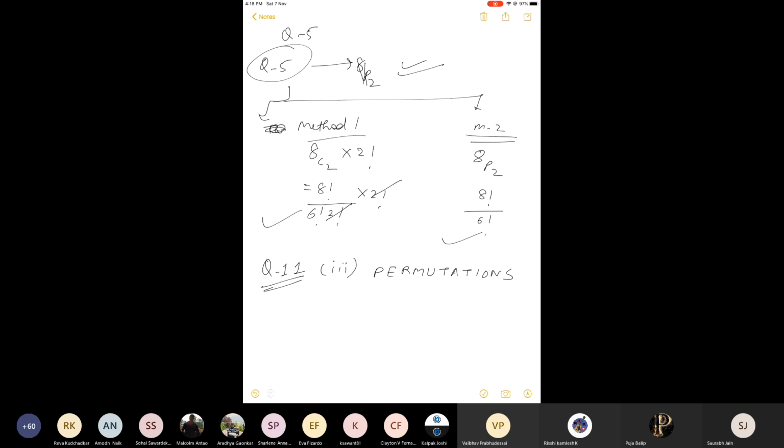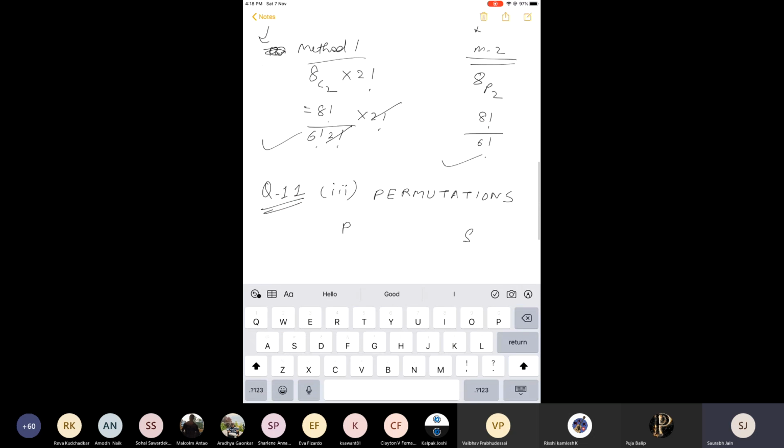So between P and S, whenever you write their permutations, there should always be 4 letters in between them. For example, P is there, then ERMUT, then S, and then you can write the remaining letters like that.